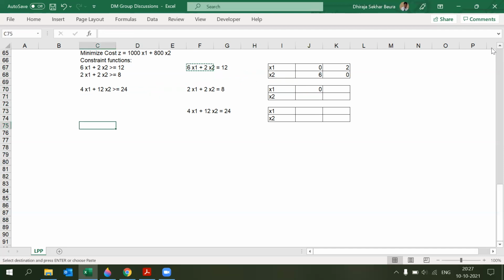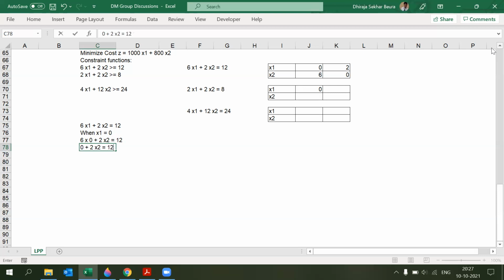I'm skipping those steps, assuming that you would do it. The sum should be equal to 12. When x1 is equal to 0, the equation becomes 6 multiplied by 0 plus 2x2 is equal to 12. Now it becomes 0 plus 2x2 is equal to 12.